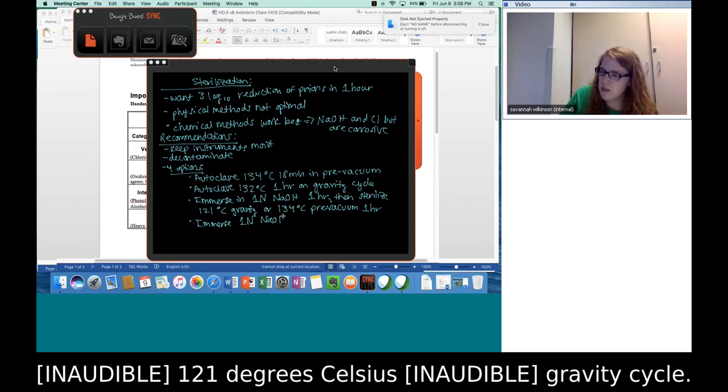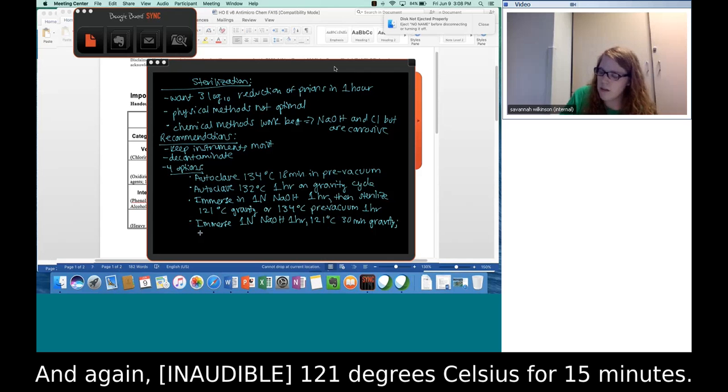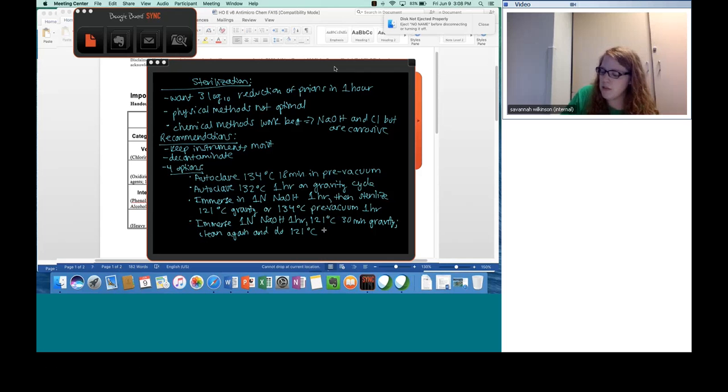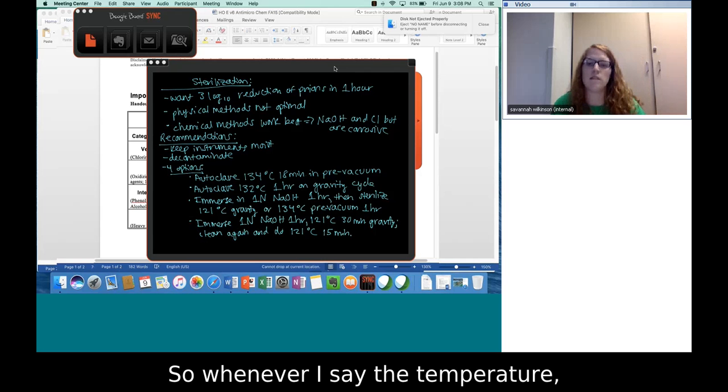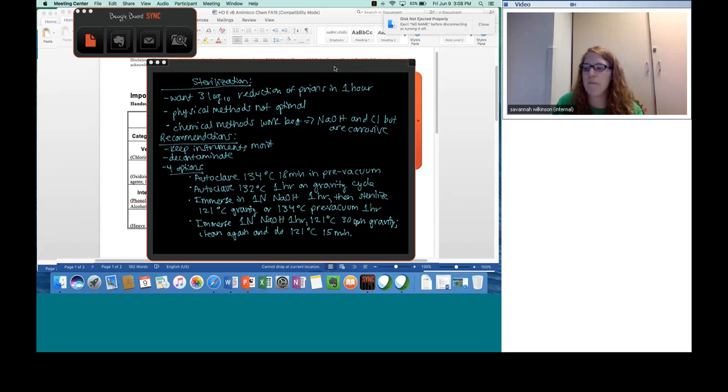Sodium hydroxide, 1 hour, and then 121 degrees Celsius, 30 minutes on gravity cycle. Clean again, and do 121 degrees Celsius for 15 minutes. So whenever I say the temperature, I'm saying the temperature for that amount of time.